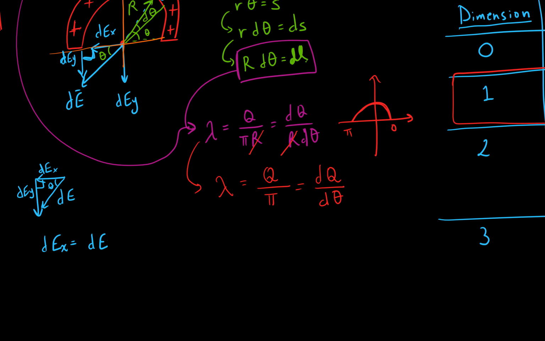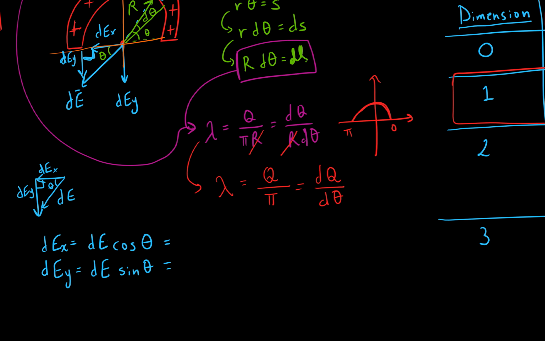So now it's pretty simple. We see that the x component is adjacent to our angle, so that is cosine of theta. And likewise, we see that the y component is opposite our angle theta in this figure, so that is going to be this times sine of theta. And now we can recall what dE was.